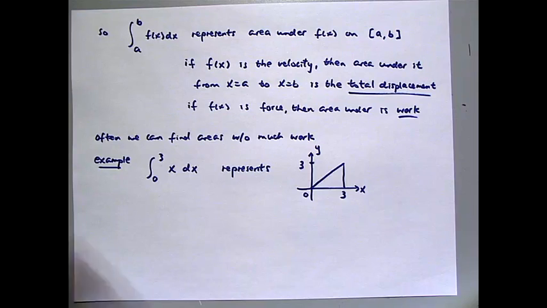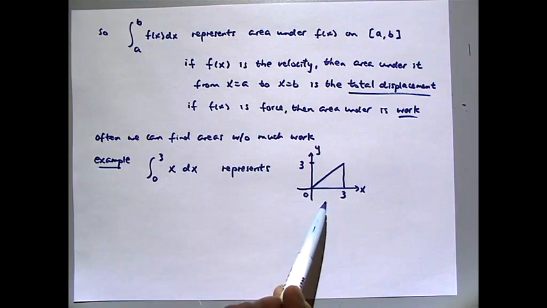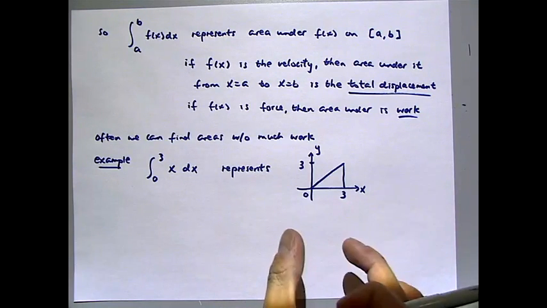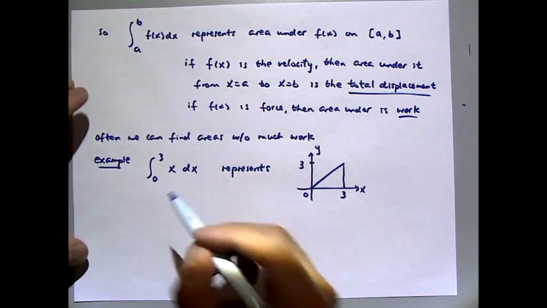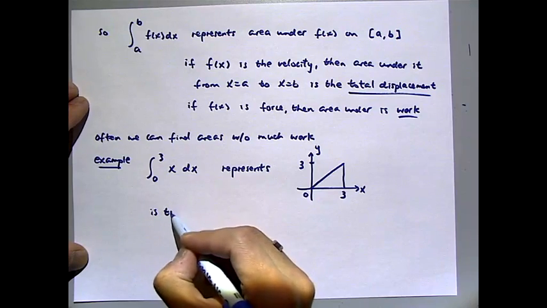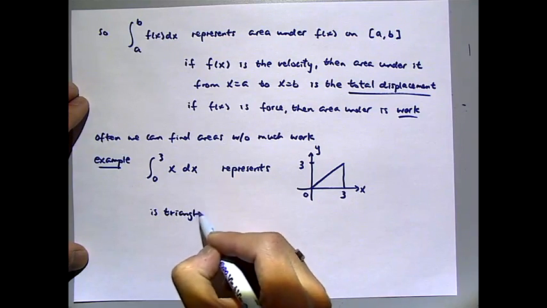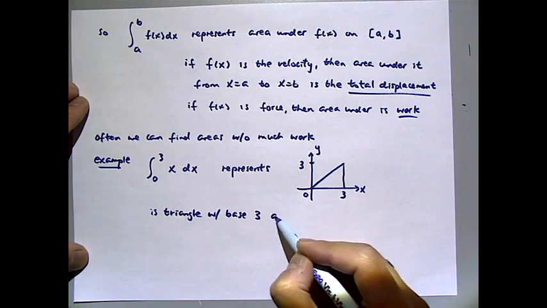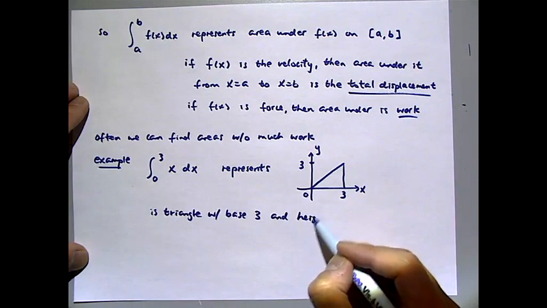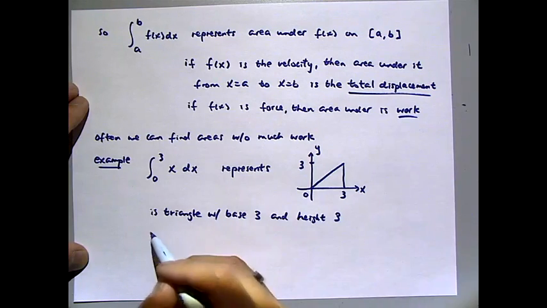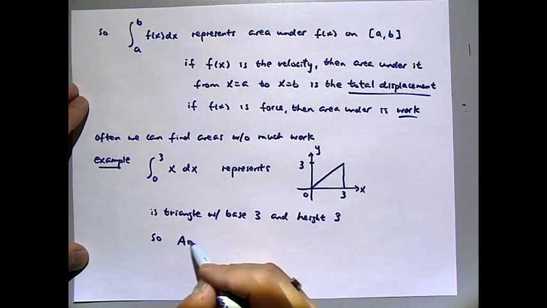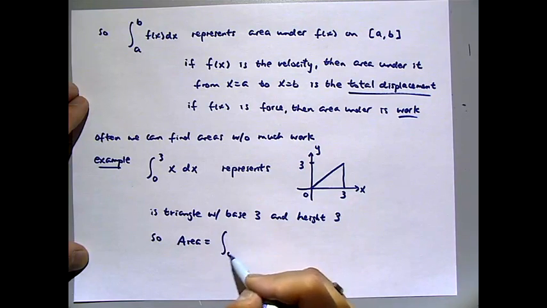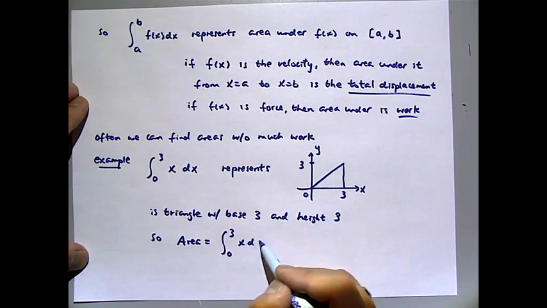Now, if you look at it, if you can translate this into that, then the answer is staring right at you. This is a triangle with a base of 3 and a height of 3. So the area is equal to what this thing is representing.